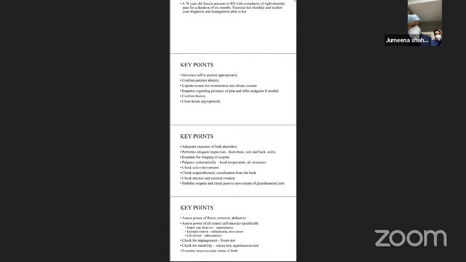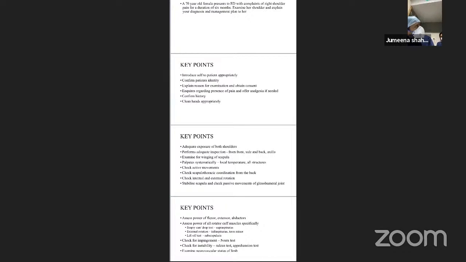Okay. Adequate exposure of both shoulders. That was there. Perform adequate inspection from front, side, and back, and also axilla. I think axilla was not examined, but she examined it from front, side, and back. Always, when looking at a shoulder joint, you ask the patient to stand and then look around the patient.